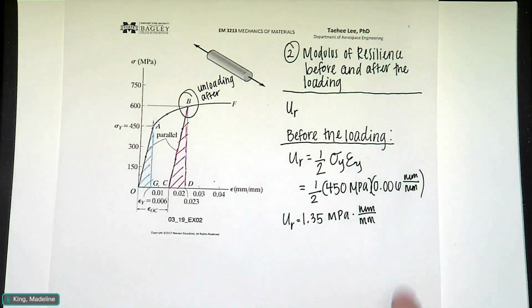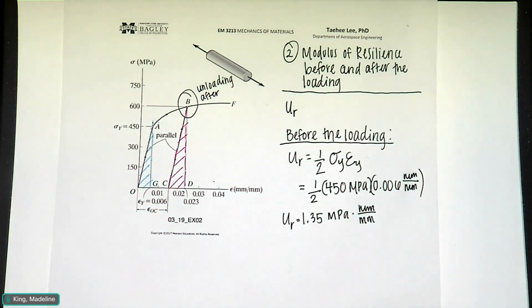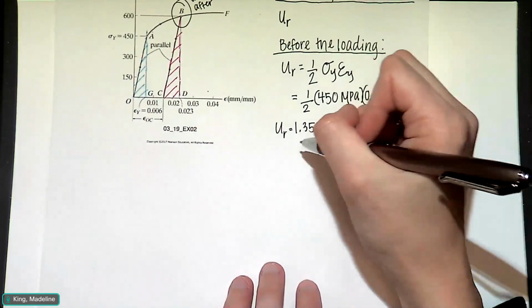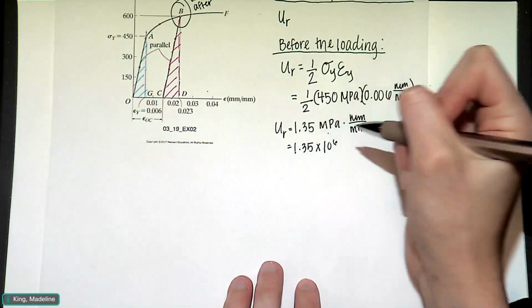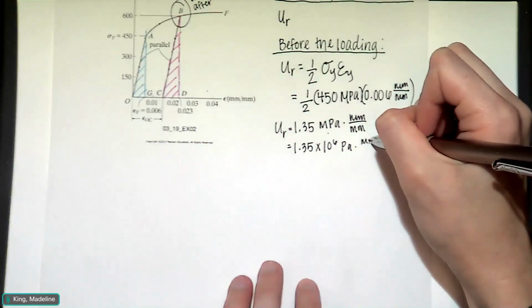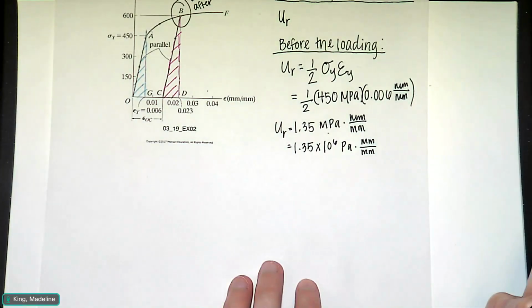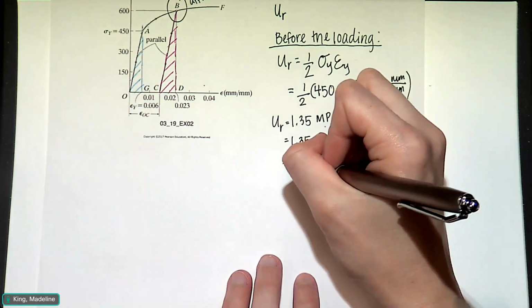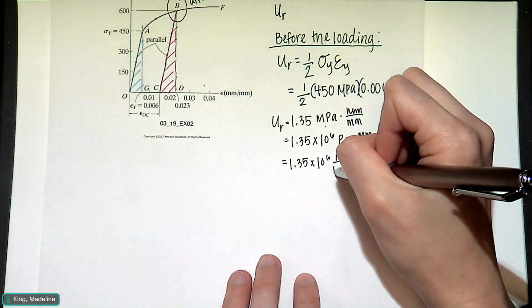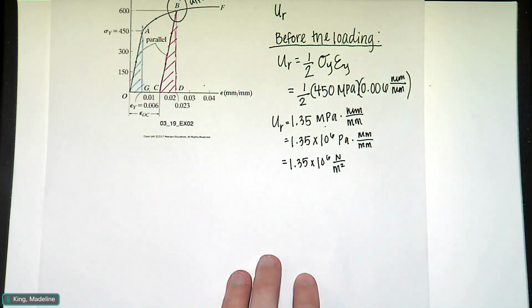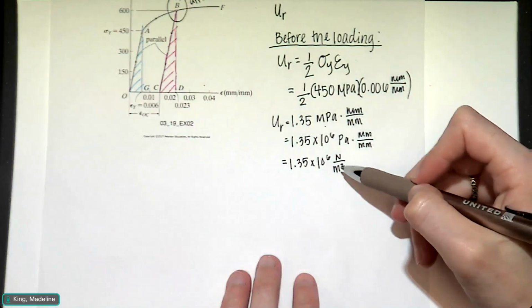So for this problem, we're not going to leave it just like this. We're actually going to convert this pascals to joules, but I'm going to show you step by step how we're going to get there. So first, we're going to get rid of this mega. So mega is represented by 10 to the 6 pascals times millimeter over millimeter. Pascals is Newton per meter squared. And like I said, strain can take any unit you want it to. And we were given a meter down here.